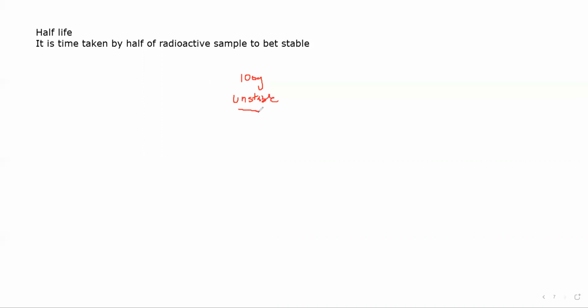After some time, you're left with, or the time taken by this total 100 gram to become 50 gram stable and 50 gram still unstable. 50 gram stable means it is not emitting out radiation, and 50 gram unstable means still emitting out radiation.